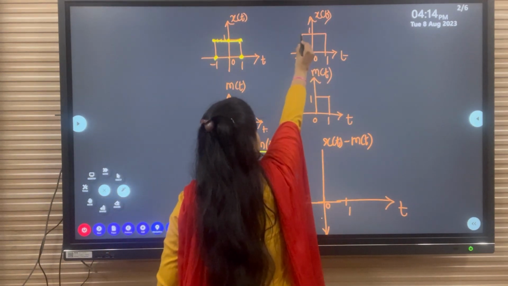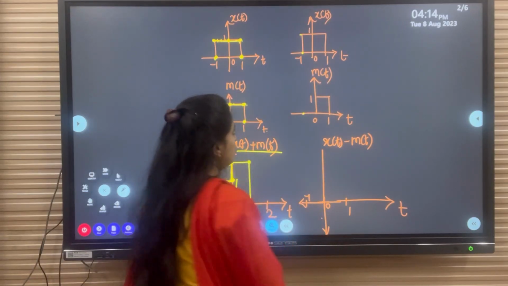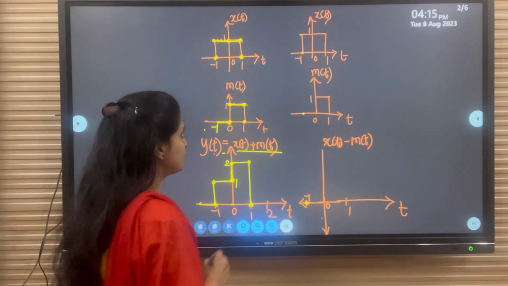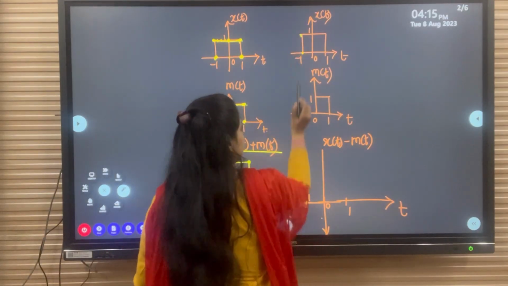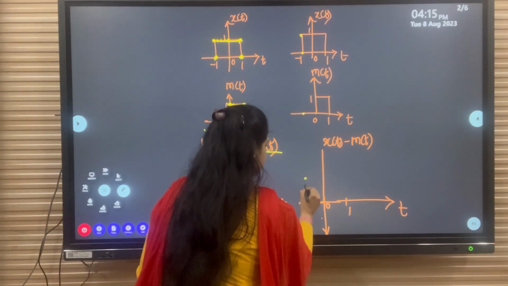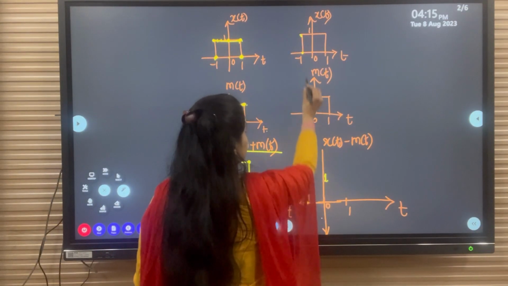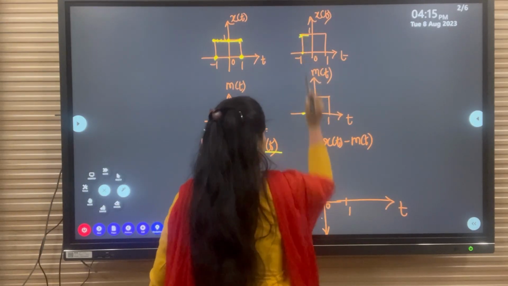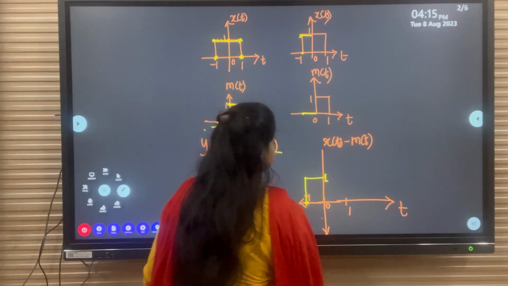So here again I have to consider the same. First of all, I'll consider this value. So 0 minus 0, I'll have at minus 1, this is 0. Then here this is 1 minus 0, so the signal is having amplitude plus 1. Then continuously 1 minus 0 is equal to 1.